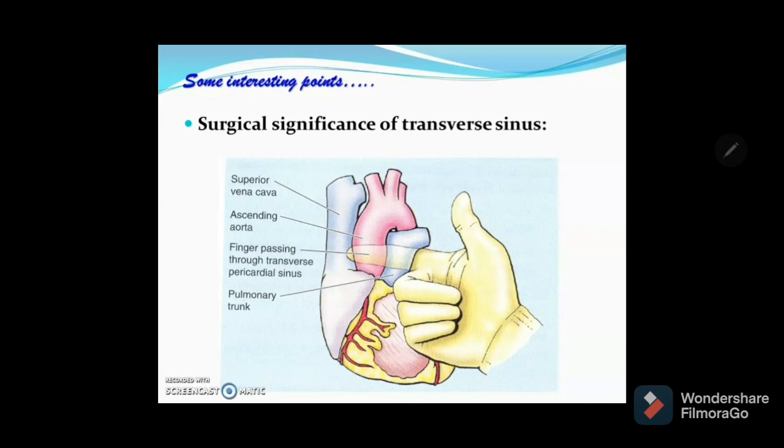And coming to the applied aspects, the surgical significance of the transverse sinus is that you can tie the great blood vessels by passing a ligature in the transverse sinus during bypass surgeries, to prevent the loss of blood supply. You can utilize the transverse sinus for surgical manipulation.